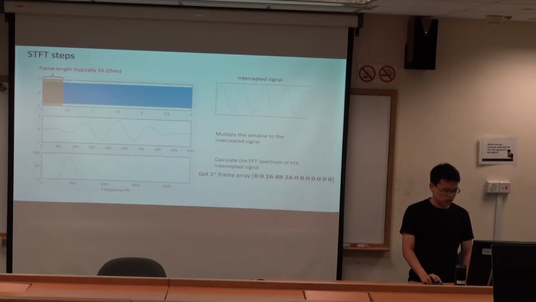And we get a capital X array here. I write it for short. Then we move this frame a little bit forward with the hop size, and this hop size can be very small.